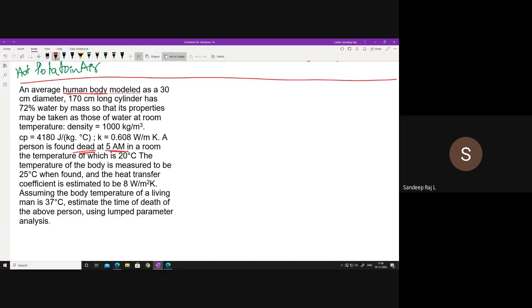The temperature of the body is measured to be 25 degrees centigrade when found, and you want to know the time of death of the person. When did that person die? That's the question. When did the person die?